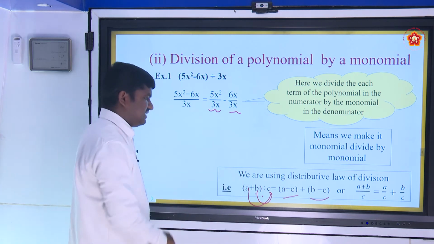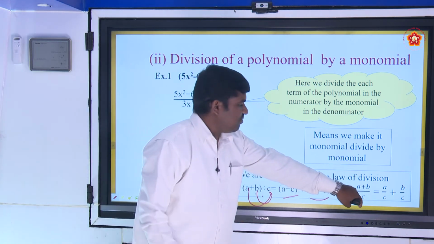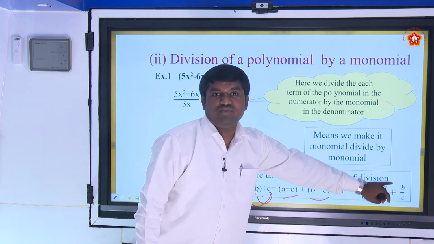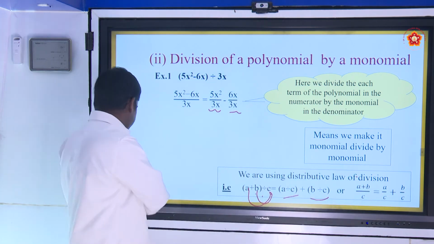We are using this. This is the polynomial, this is the monomial. A divided by C plus B divided by C.